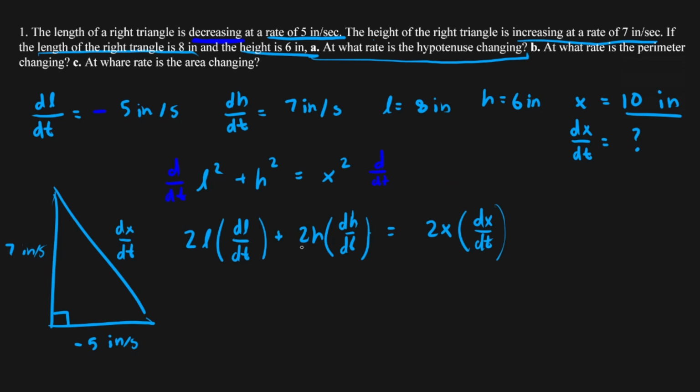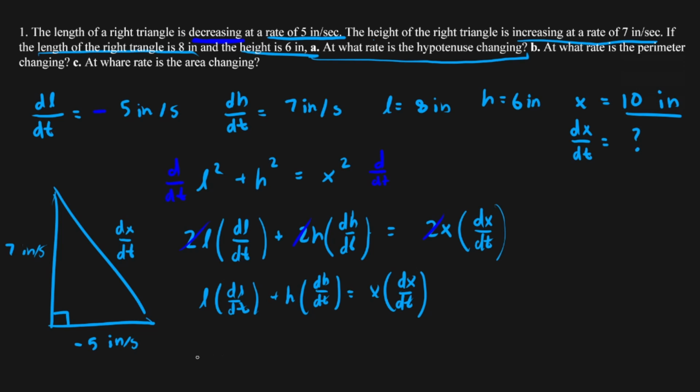So this is essentially what I'm doing for this equation. Now let's plug in what we have. But wait, first let's factor out a 2 because we can divide. So we're left with L times dL/dt plus H times dH/dt equals X times dX/dt. And we're solving for dX/dt. So let's plug in everything else we do know.